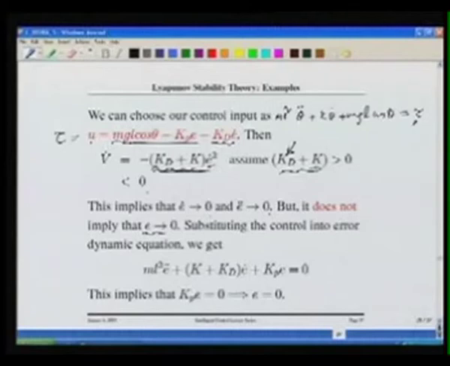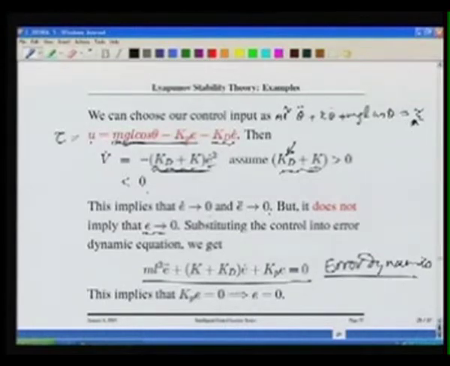So this tau is here, and I bring this quantity and put it here. If you put it there, you get this equation, and this is the complete error dynamics. This is the actual error dynamics given the control law.